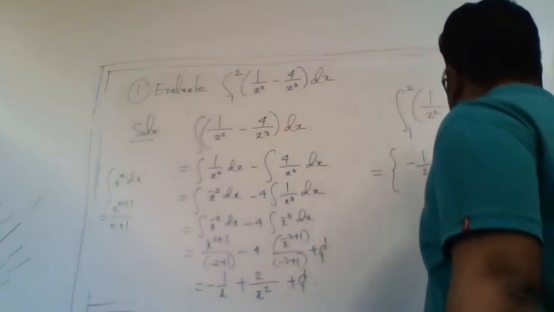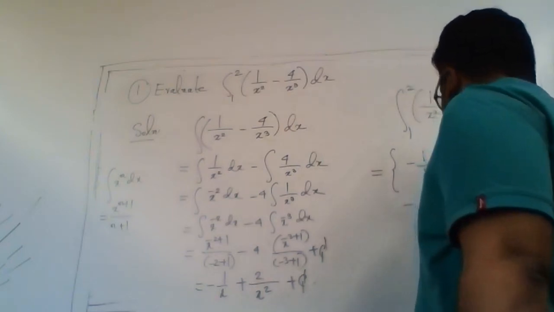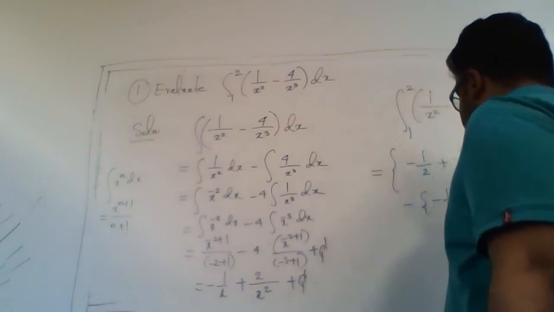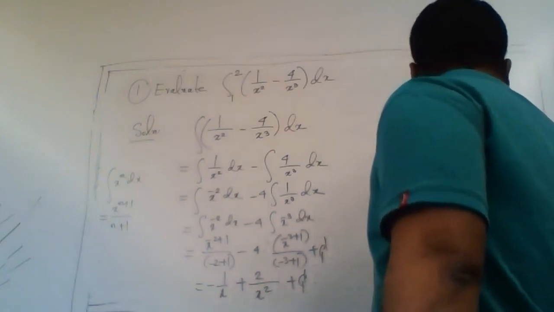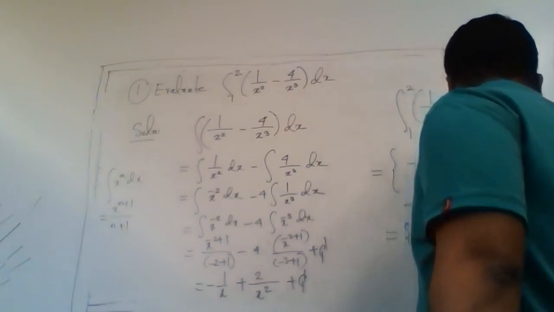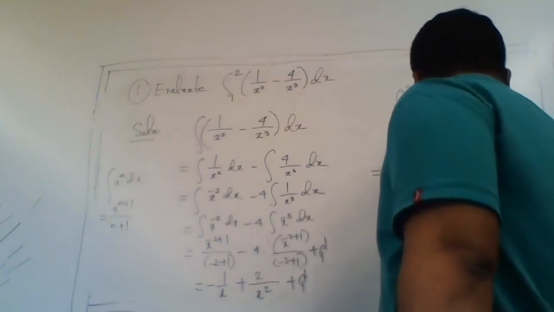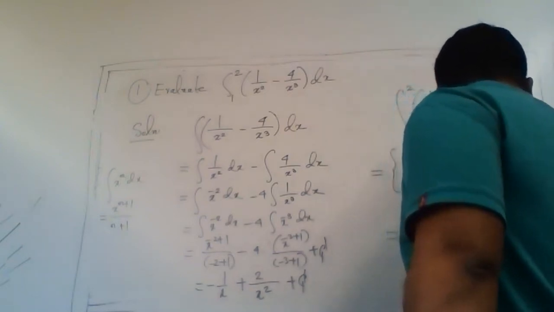Then you put the bottom value, you get minus 1 by 1 plus 2 by 1 square plus c. So this is minus half plus c minus 1 plus 2 plus c.